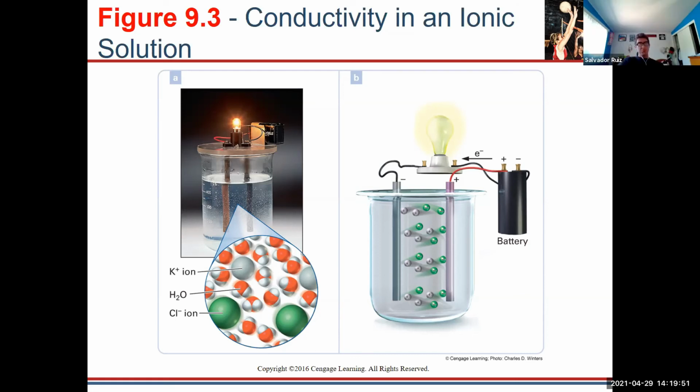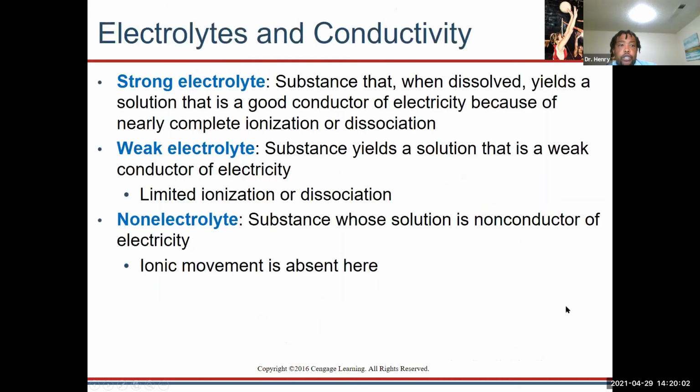Yeah. And so at the end of the day, your electron is going to be able to flow through the solution and go back through the cycle. So it closes that loop, okay? So a strong electrolyte basically completely dissolves, or completely dissociates, or completely ionizes. Ionize basically means it forms its ions, okay?